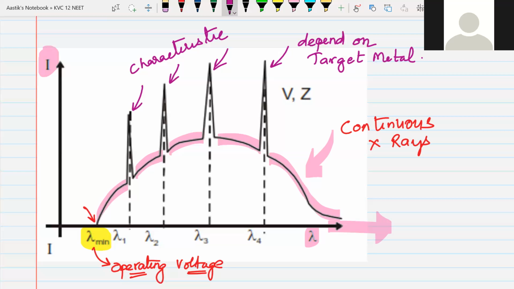Have you noted it down? Characteristics, spikes. Yes or no? Yes, sir.